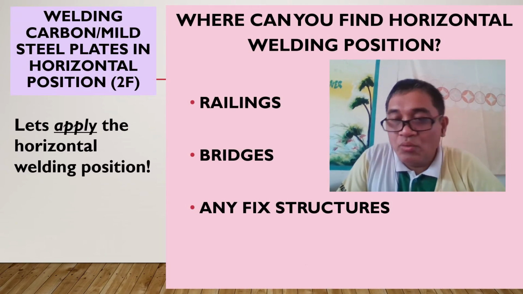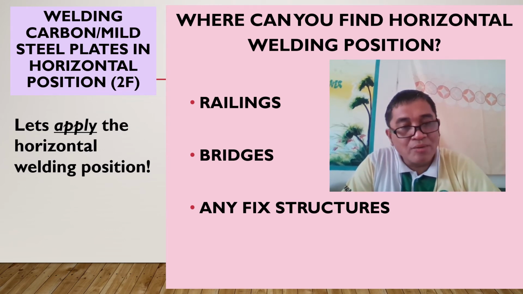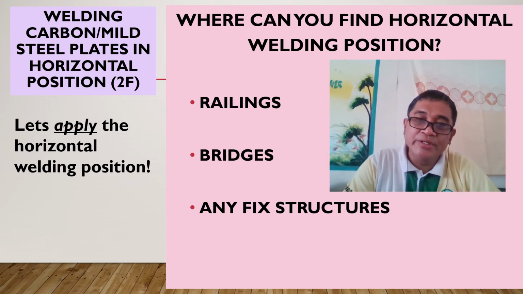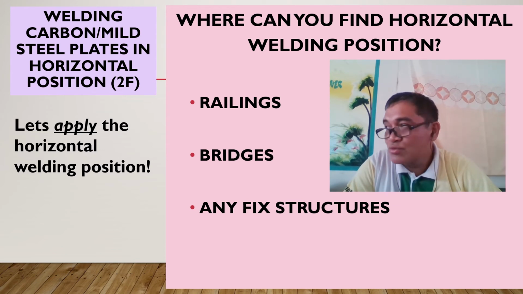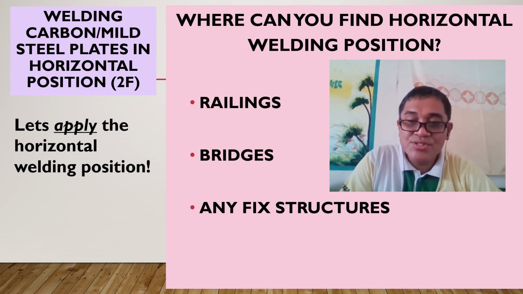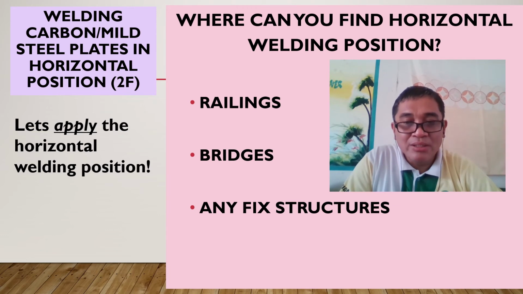Again, where can we use this horizontal position, or how do we apply this horizontal welding position? Here you can find the horizontal welding position in railings. We know that railings are fixed. You can find them in terminals, in ships, and in some buildings, in the mall, there are some railings.